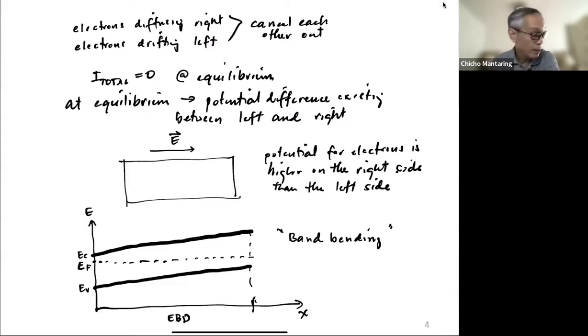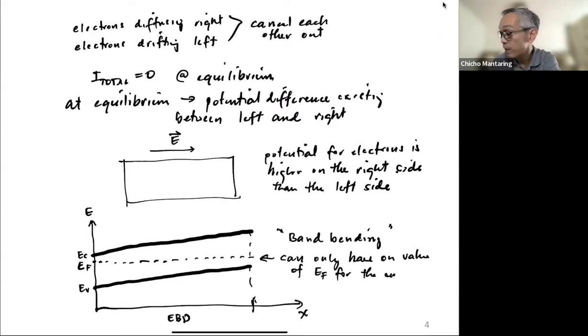Now, this is going to be flat, because you can only have one value of E of F for the entire solid. For an electronic system, you can only have one value of E of F. This is the probability that the electrons occupy that particular level is equal to 1/2.